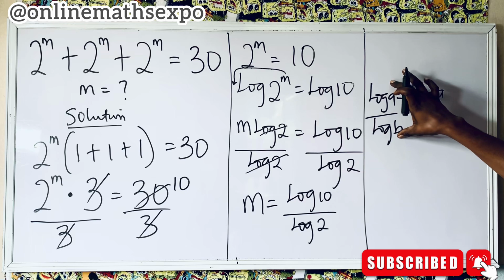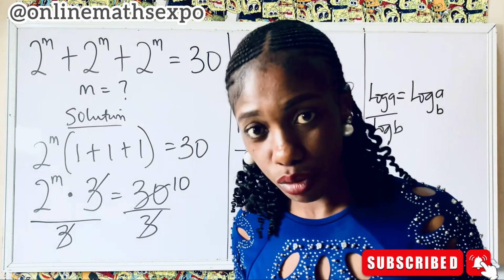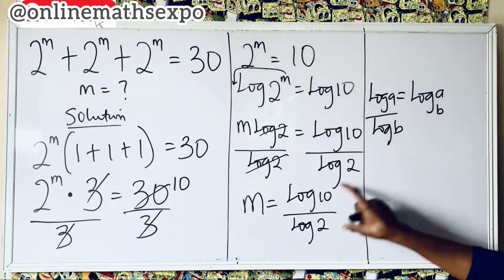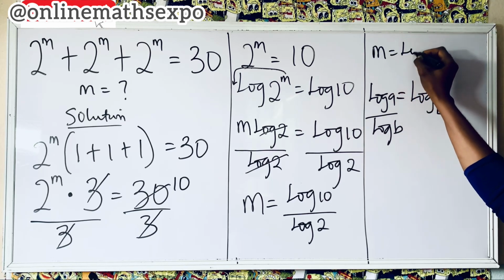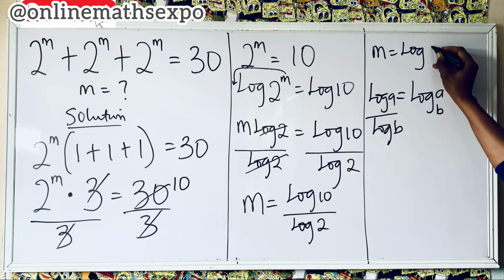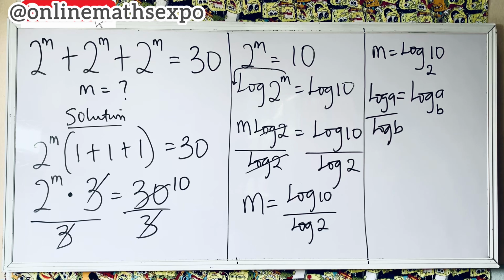That means when you have something like this, you can express it in this way. We say it is change of base, okay? So in that case, what we have here is this can be expressed like this. So if you do that, we're going to have m is log, this 10 is a, so we're going to have log 10, and this is base 2. Did you see that now?